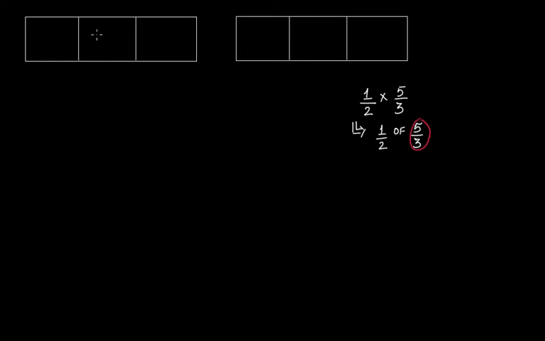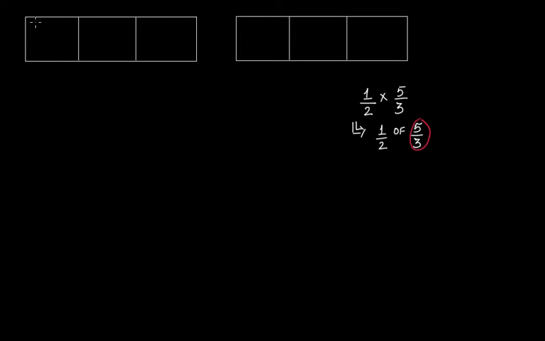We have two wholes, one whole and two whole, and we will divide each single whole into three equal parts, 1, 2, 3, 1, 2 and 3. That's what this fraction is telling, that a whole has been divided into three equal parts, and we have to take 5 such parts.